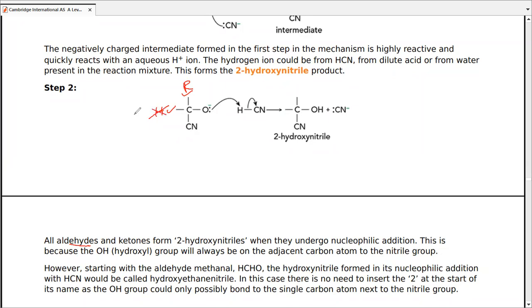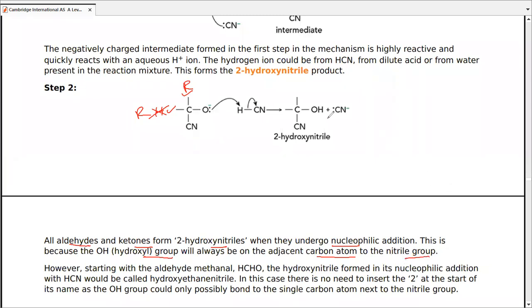If both of them are R's, it would be a ketone forming 2-hydroxynitrile. It doesn't matter whether the carbon previously had hydrogen or an R alkyl group on both bonds, they can undergo a nucleophilic addition reaction, and the OH will become the hydroxy group on the carbon adjacent to the nitrile group.